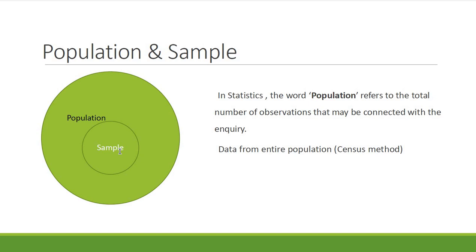If it is a city, you can choose a few schools from all the localities, ensuring that we don't miss out on any localities, and choose students from them to constitute your sample. If it is a state, we may choose a few schools from all the districts, ensuring that we are not missing out any districts, and choose a few students from them as a sample for our investigation, and we can collect data from that sample.